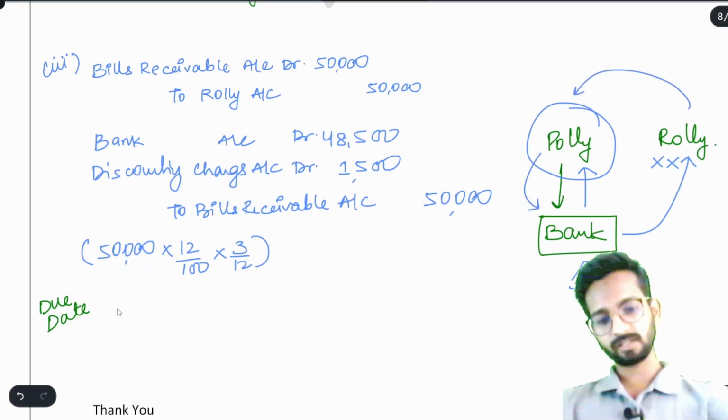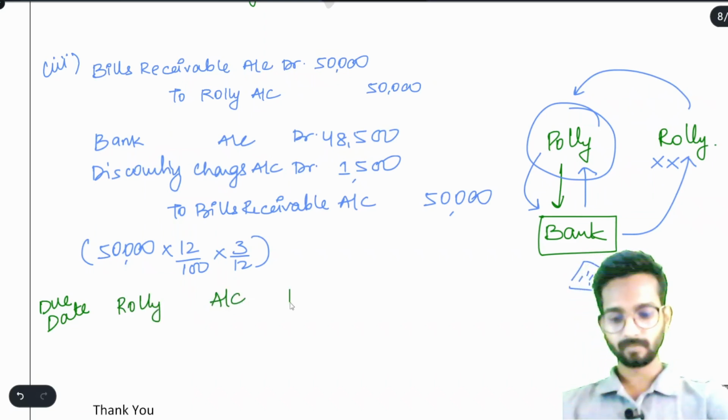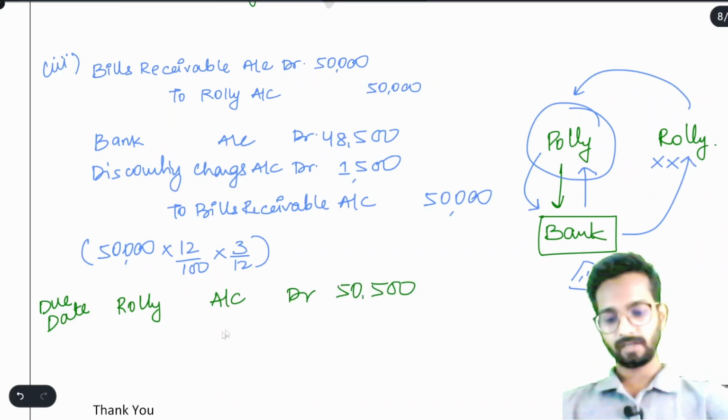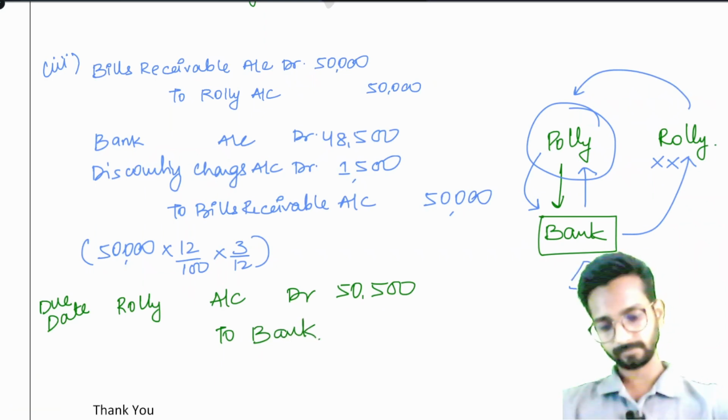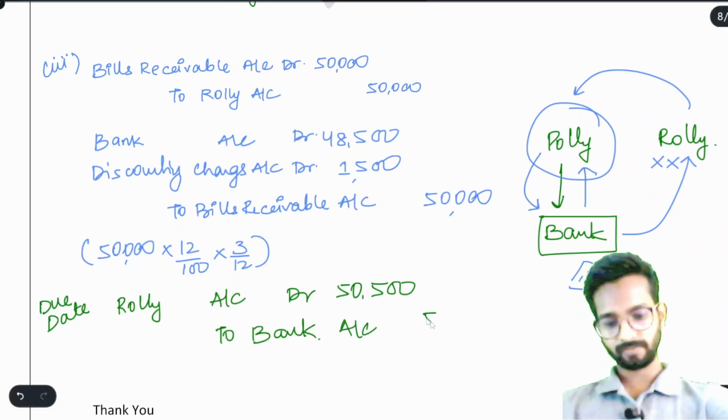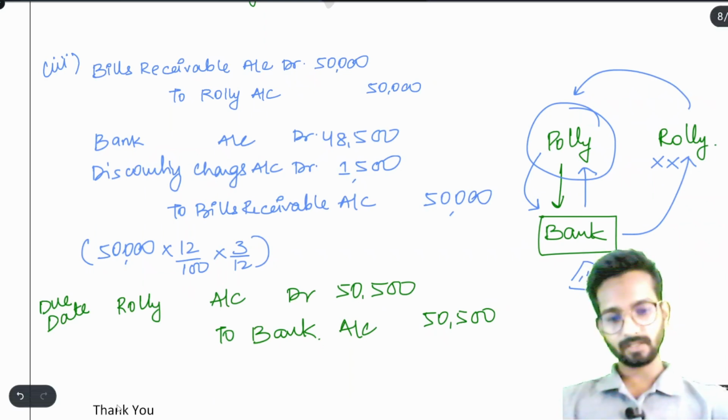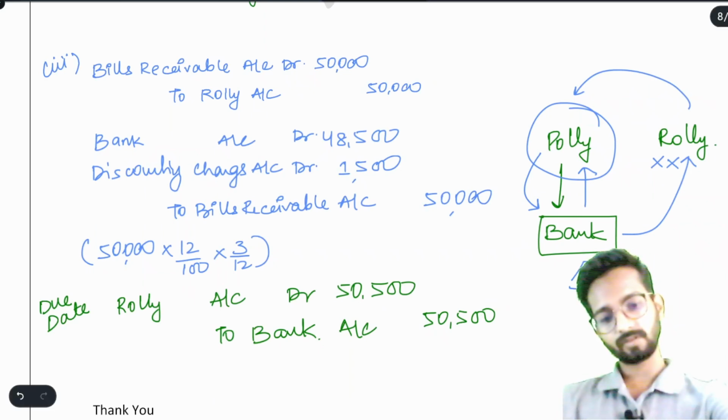Rolly account debit, 50,500, and I will pay you, bank account 50,500. This is the total scenario in the books of Polly.